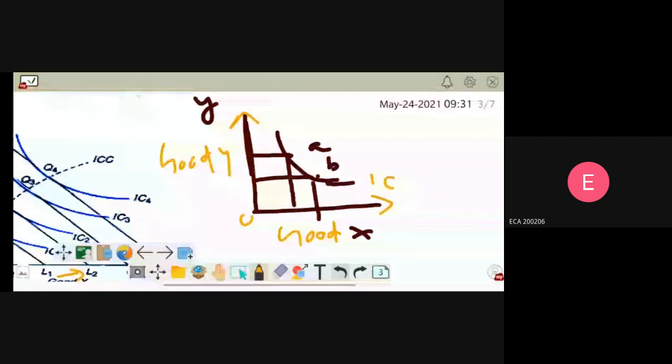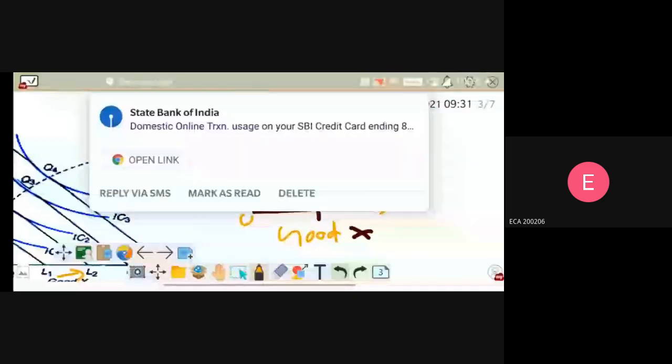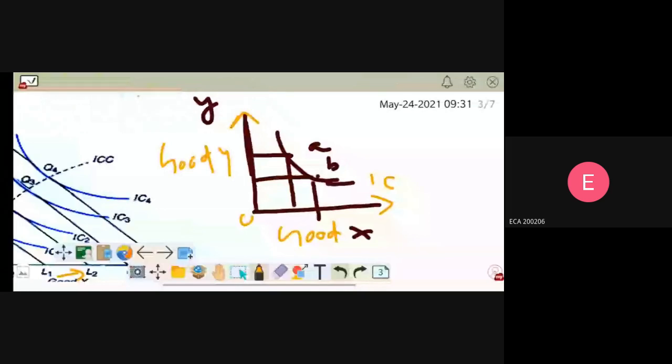In our previous class, we discussed what an indifference curve is and the various properties of indifference curves. We also discussed how a consumer reaches equilibrium at the point where the indifference curve is tangent to the budget line.